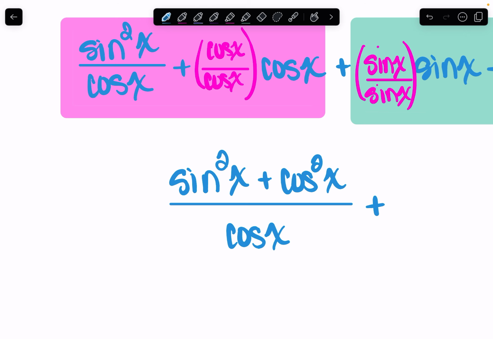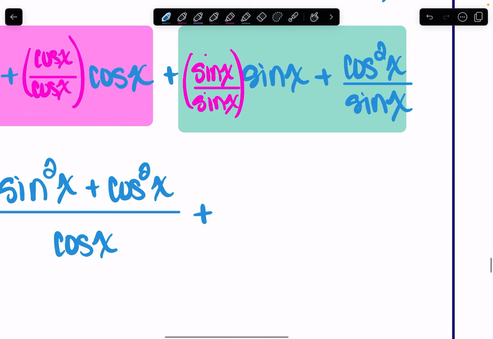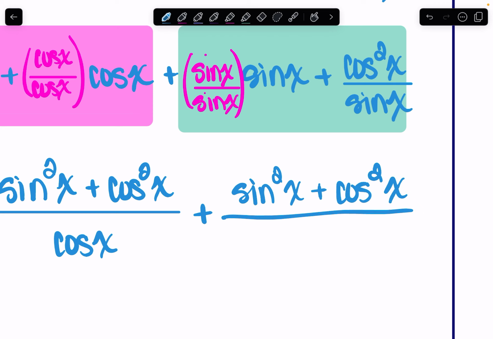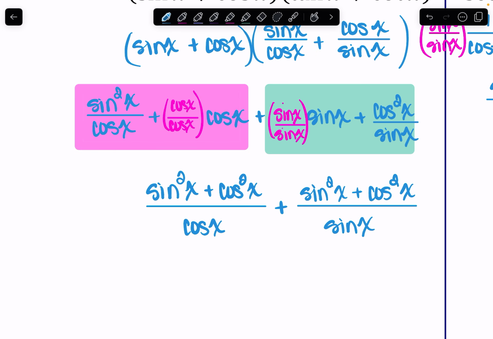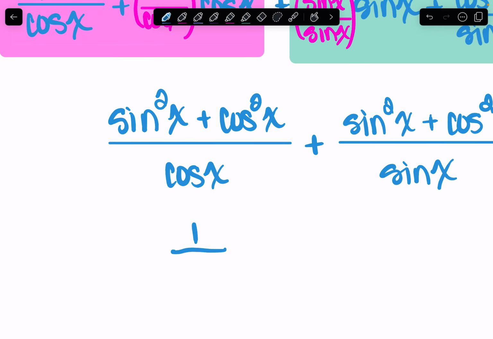And then on the other two that are paired, sine, so we're going to get sine squared plus cosine squared over sine. And if I look, sine squared plus cosine squared, Pythagorean identity right there, 1 over cosine, plus second Pythagorean identity, 1 over sine.